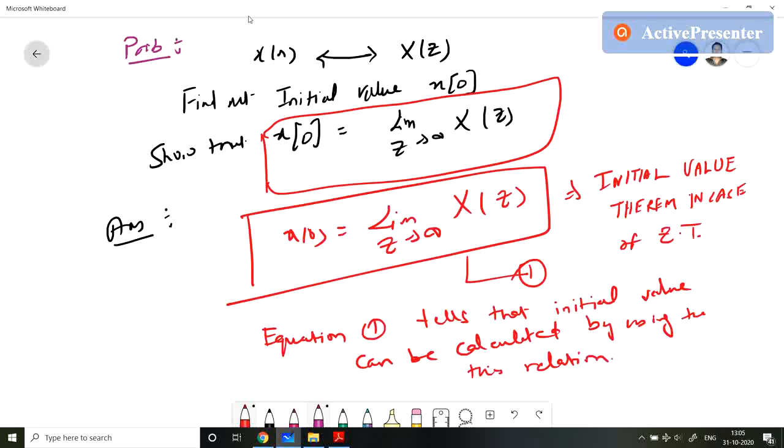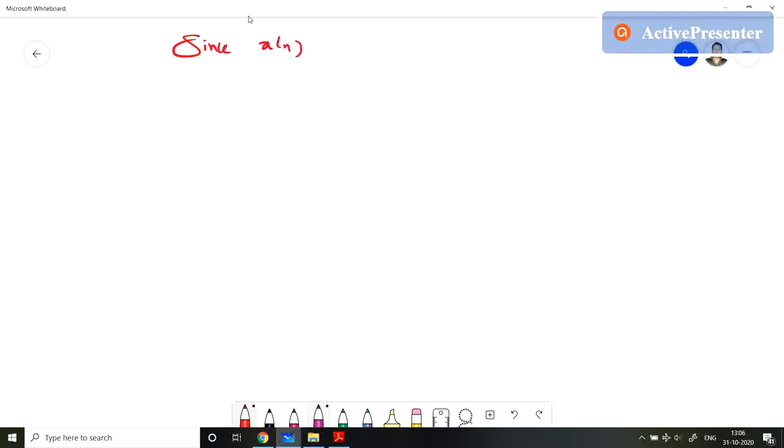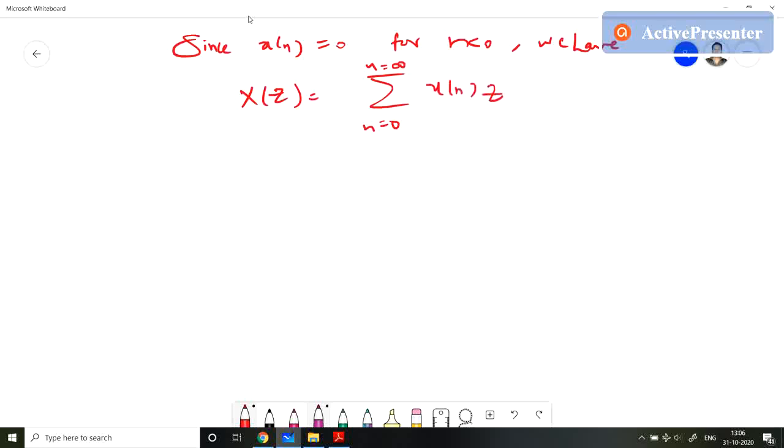Since for this theorem we have considered that xn is equal to 0 for n less than 0, we have X(z) equal to summation n equal to 0 to infinity x(n) z raised to the power minus n.